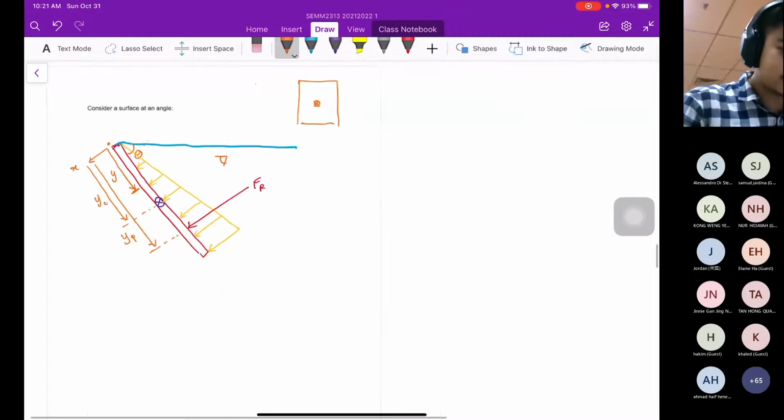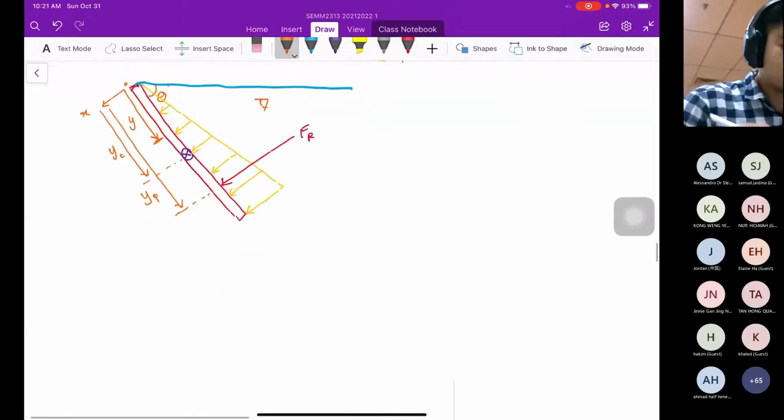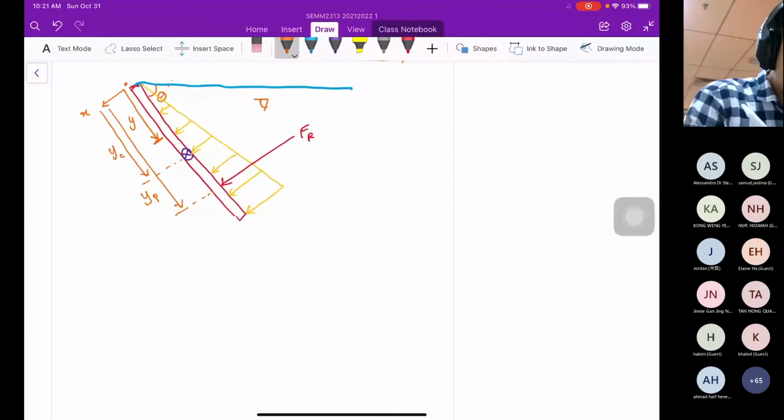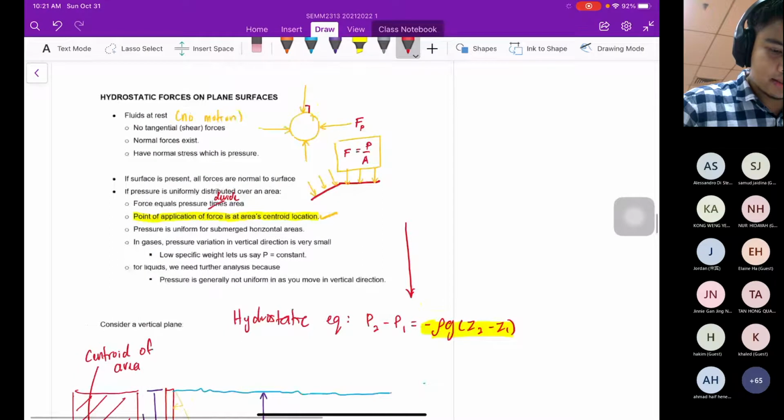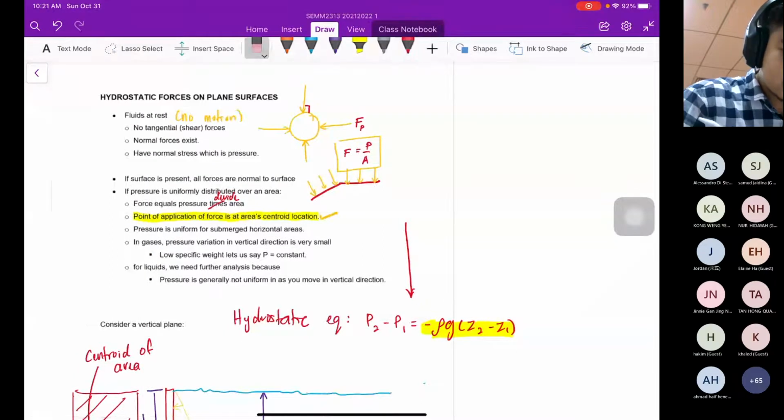So how to derive this carefully? Since we know that the pressure is equal to force over area. Sorry, I think I made a mistake.